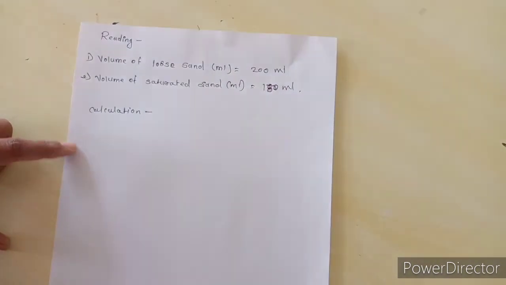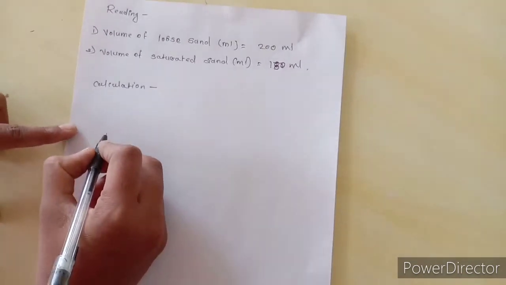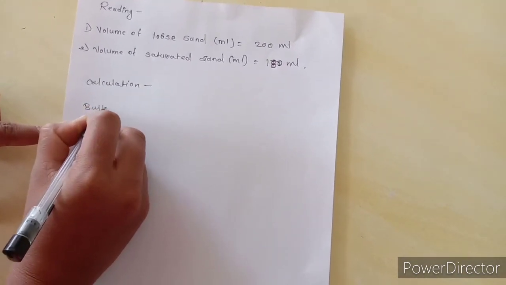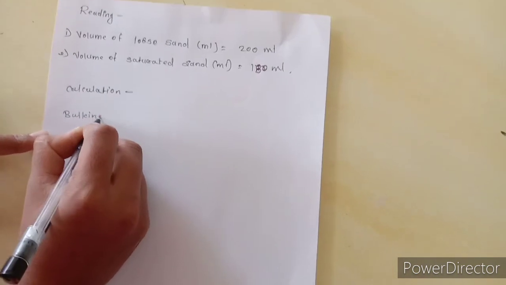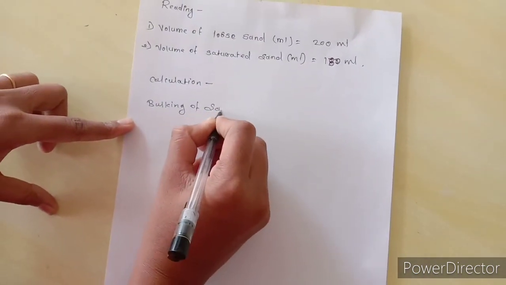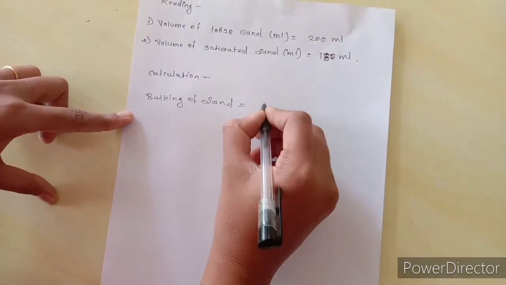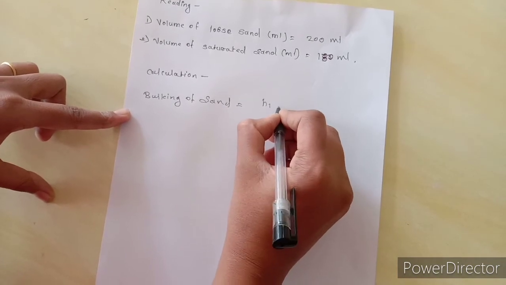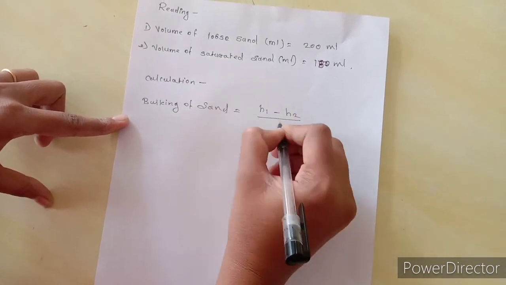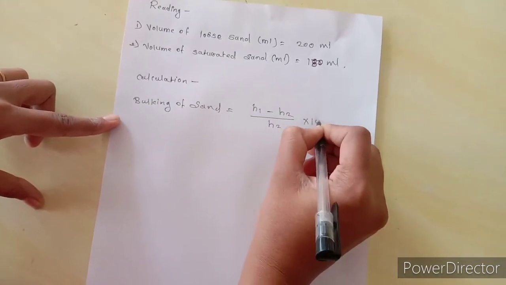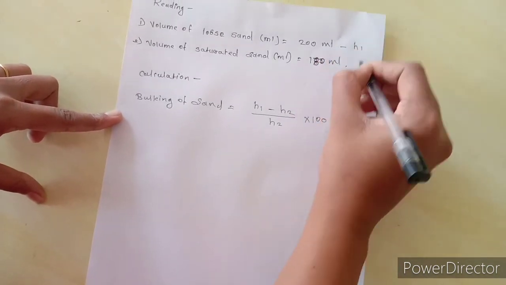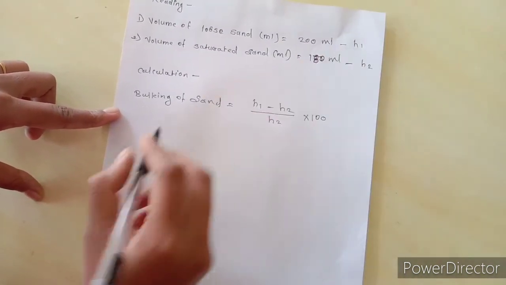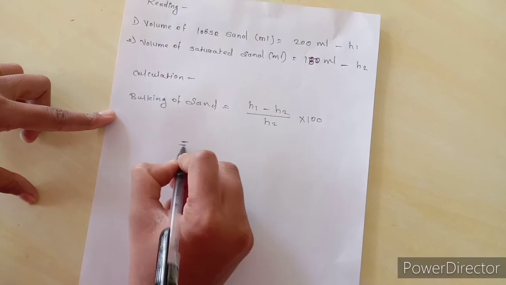Then the calculation to find the bulking of sand is H1 minus H2 divided by H2 multiplied by 100. This is our H1, this is our H2. So put these values in this formula.